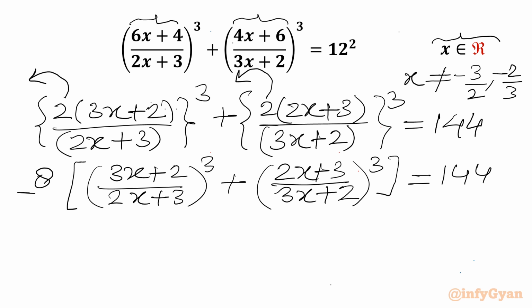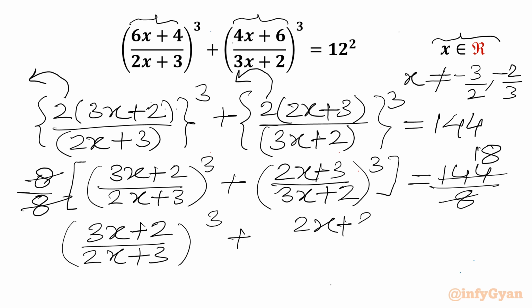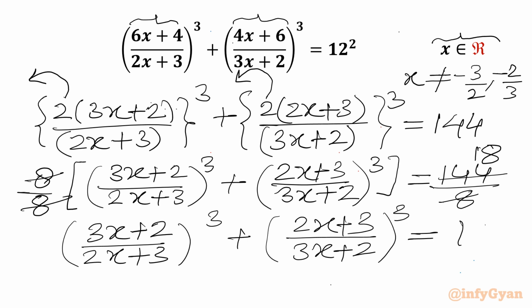Now we will divide both sides by 8. Right hand side we will get 18. So I can write (3x plus 2 over 2x plus 3) whole cube plus (2x plus 3 over 3x plus 2) whole cube equal to 18.